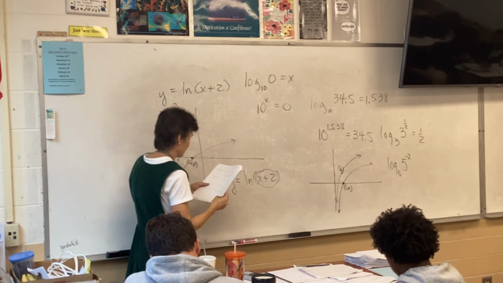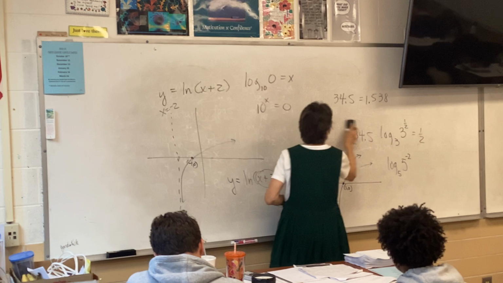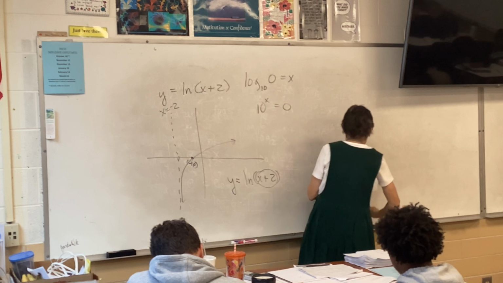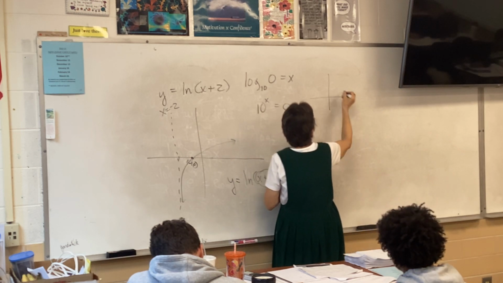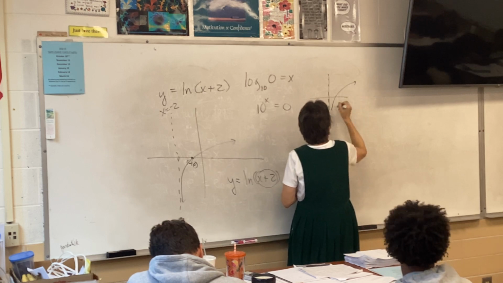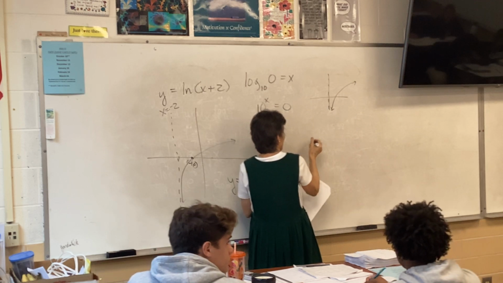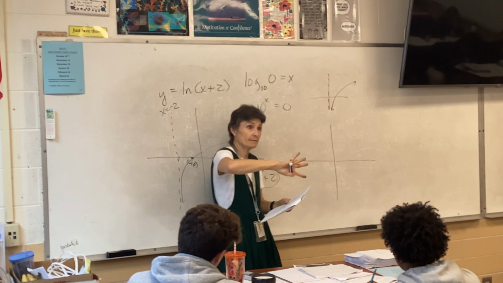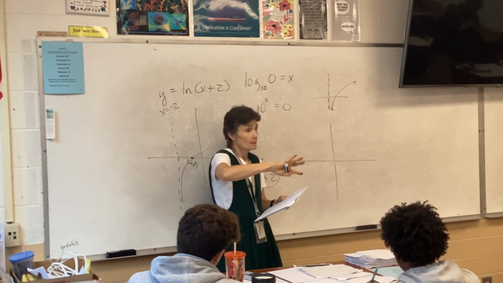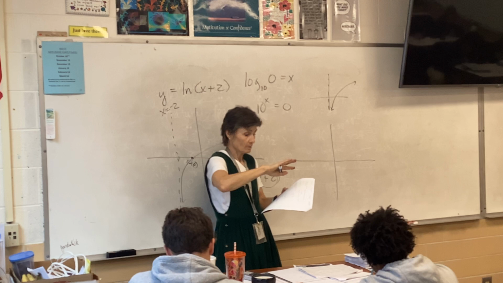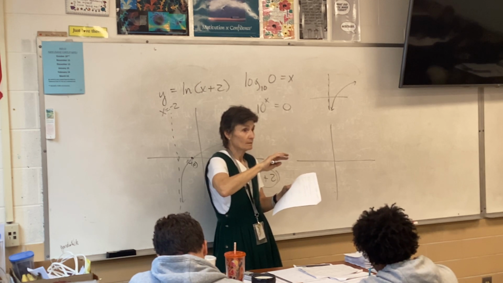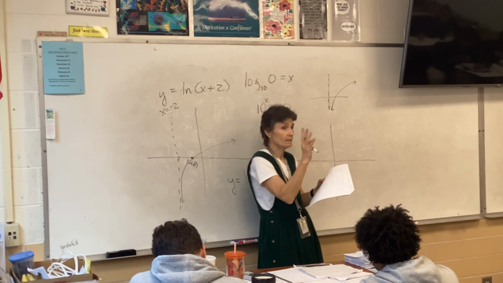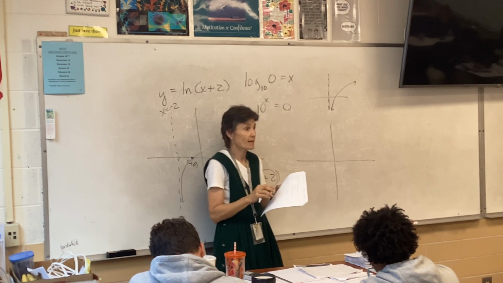All right, how about C? Two things are happening to it. I'm going to sketch my original here. So what's happening in letter C? It's reflecting upside down. A negative out in front goes upside down. How do you get a reflection the other way? You change the sign on x inside the parentheses.